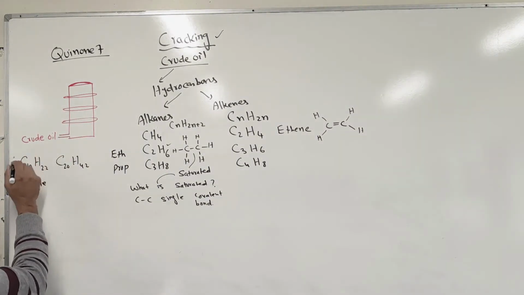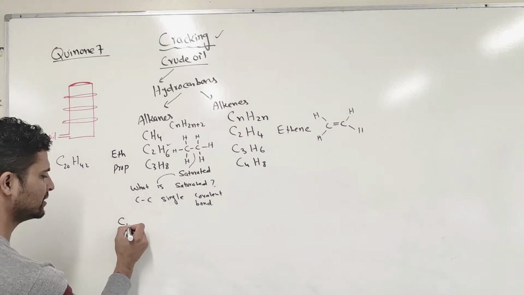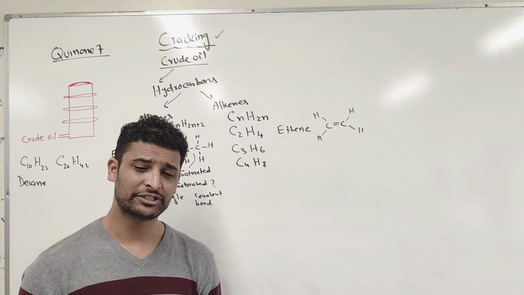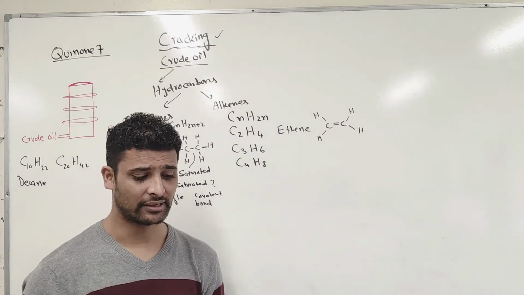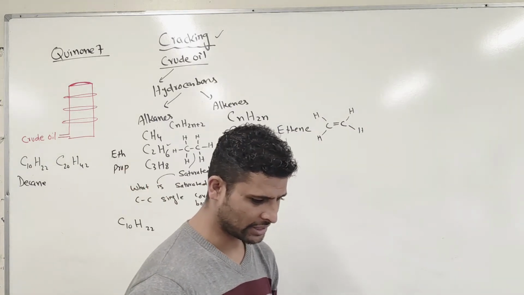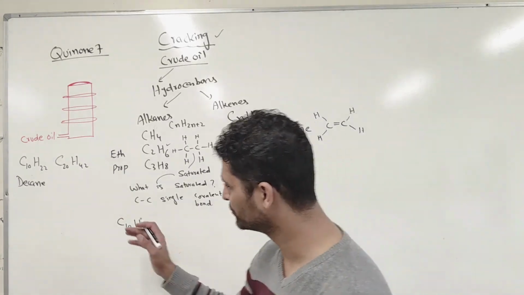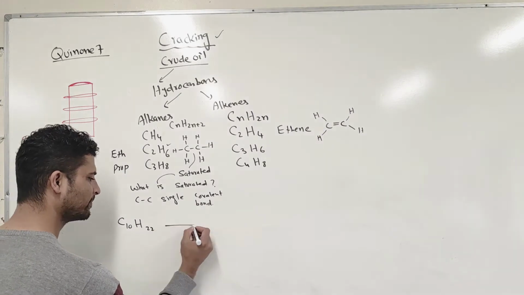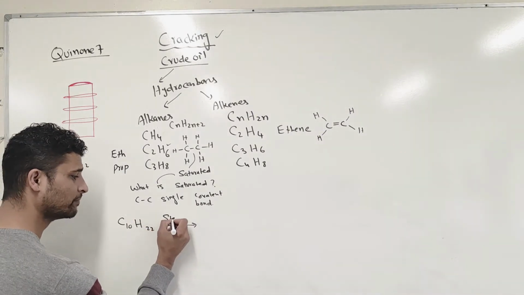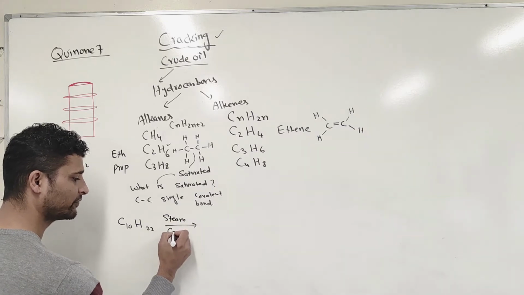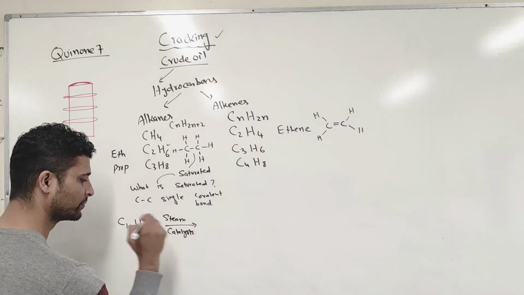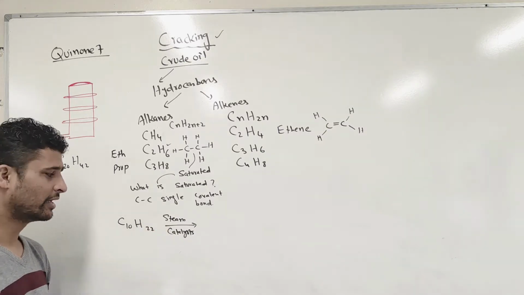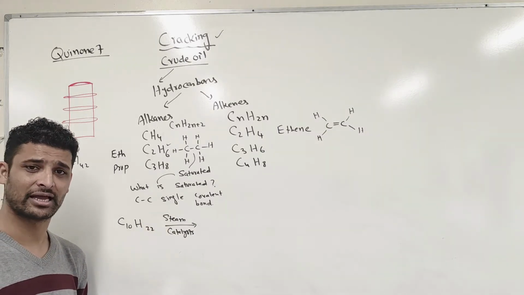Now if I would like to draw this formula, this is C10H22. C10H22 is an alkane, and in this process you're going to crack it. So if I crack it, I have to use steam, and I have to use a catalyst. Catalysts are chemicals which help to speed up the reaction and are chemically unchanged at the end of the reaction.